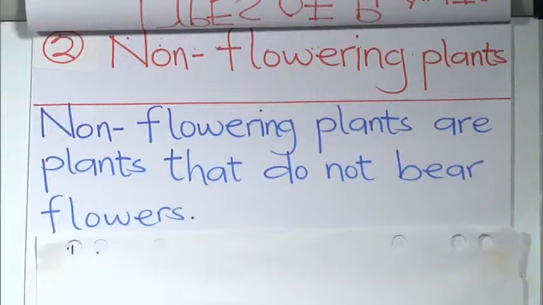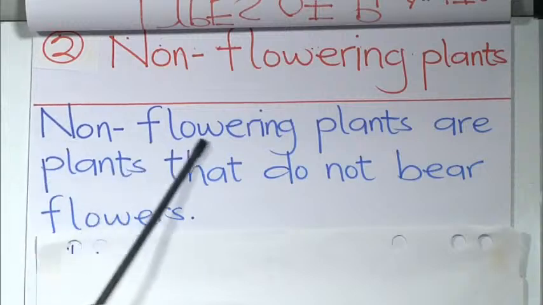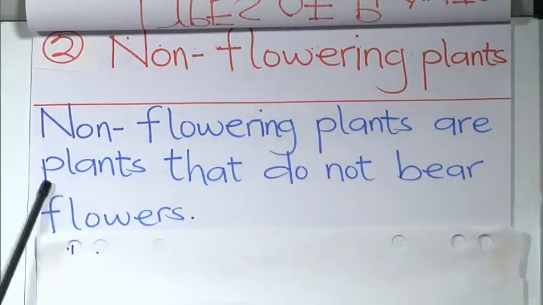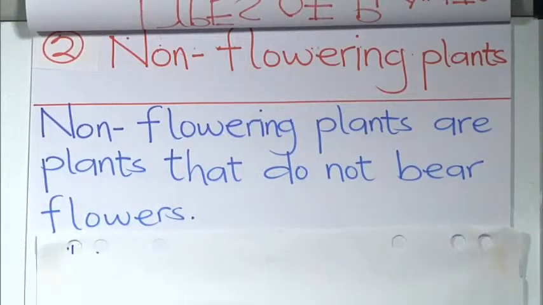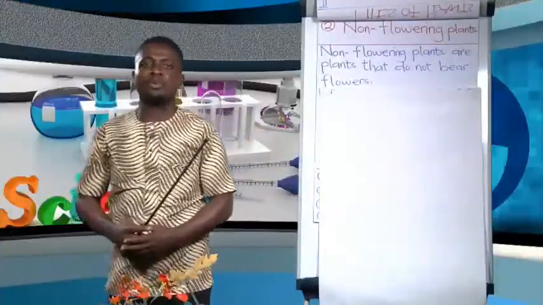It means they produce flowers. So non-flowering plants do not bear flowers. Let's read. Non-flowering plants are plants that do not bear flowers. Let us take a look at some examples of non-flowering plants.